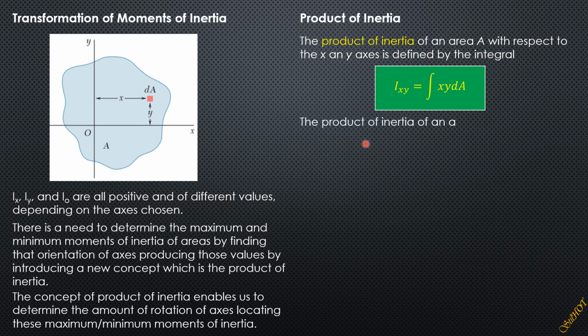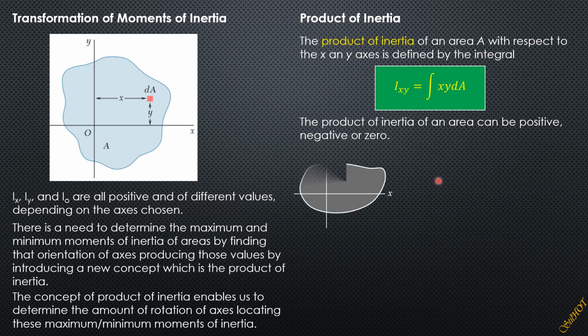The product of inertia of an area can be positive, negative, or zero. Here is the situation where we expect positive product of inertia. It is positive because most of the area lies in the first and third quadrants.